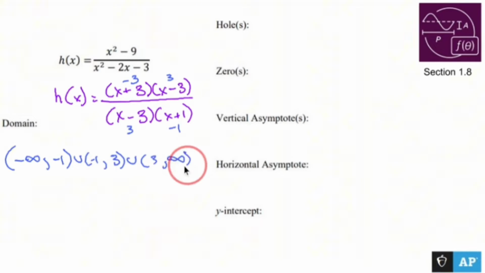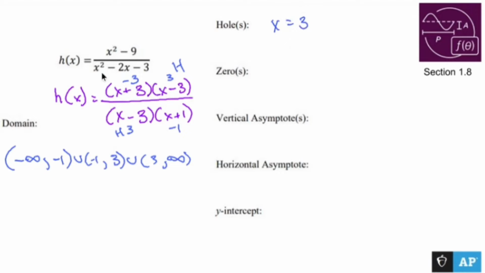That's my domain. My holes are going to be any number whose factor is seen both in the numerator and in the denominator the same number of times. X minus 3 appears in the denominator, x minus 3 appears in the numerator, which makes 3 a hole. So x equals 3 is a hole.